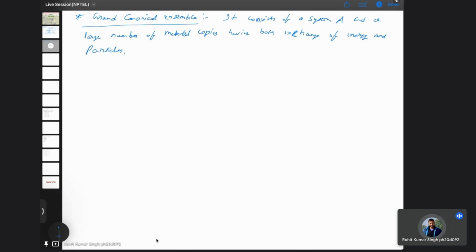So then again the question remains the same, like we had in the canonical ensemble case. What is the probability that at any time t, if you go and measure such a system, it has some energy E and some number of particles N?